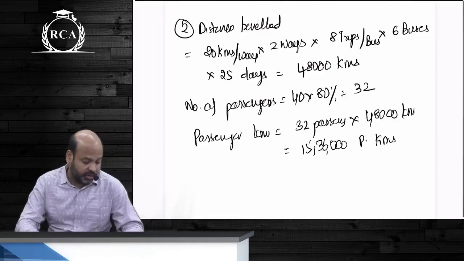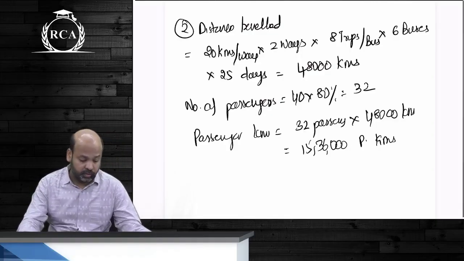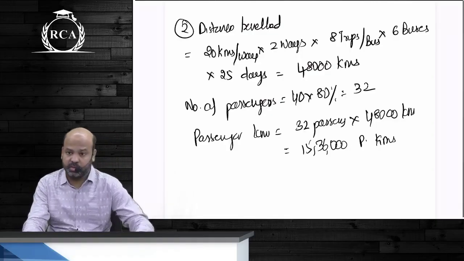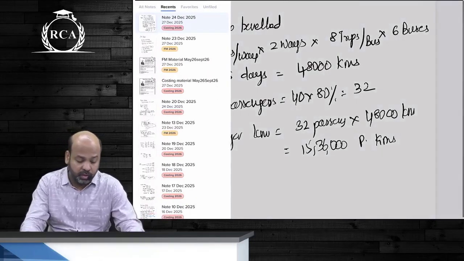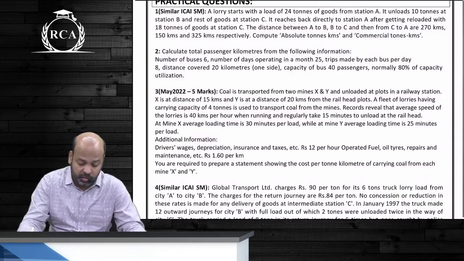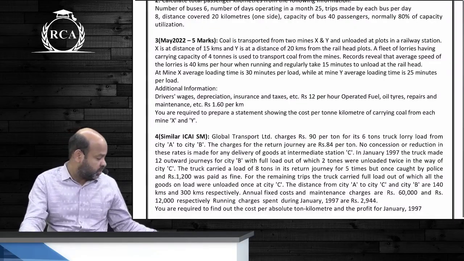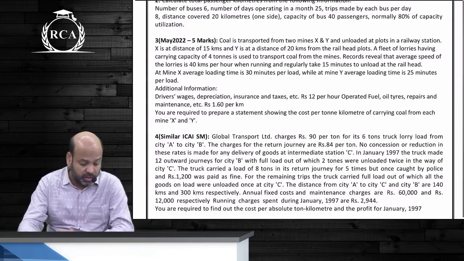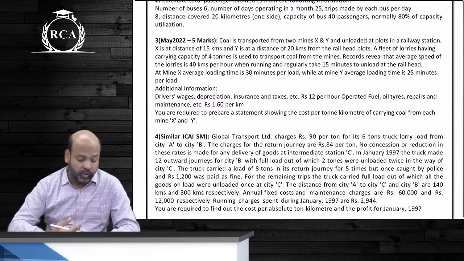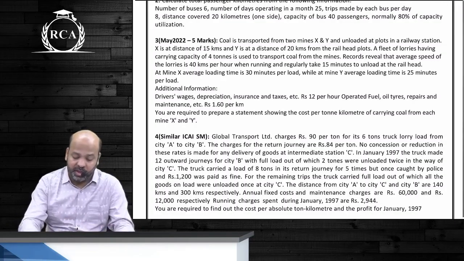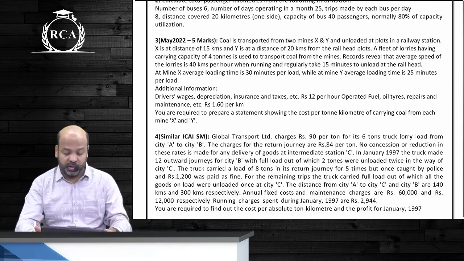Third question. Coal is transported from two mines X and Y and unloaded at plots in a railway station.